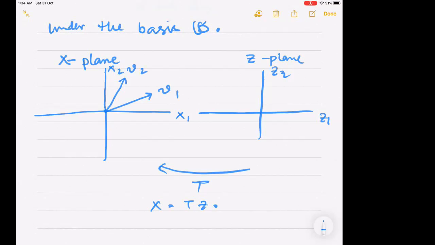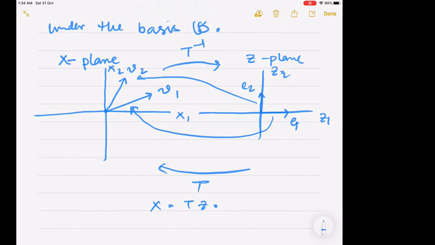So the map is such that E1 gets mapped to V1 and E2 gets mapped to V2. The opposite direction is T inverse, so under this T inverse mapping, V1 goes to E1 and V2 goes to E2. And because these are linear maps, the whole axis spanned by V1 goes to the Z1 axis, and the whole axis spanned by V2 goes to the whole Z2 axis.